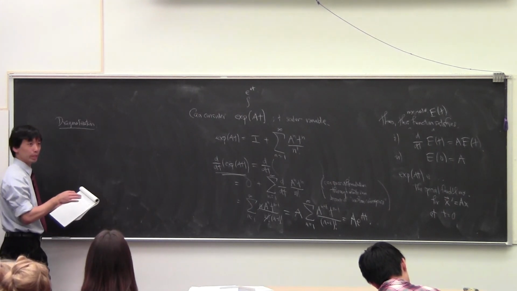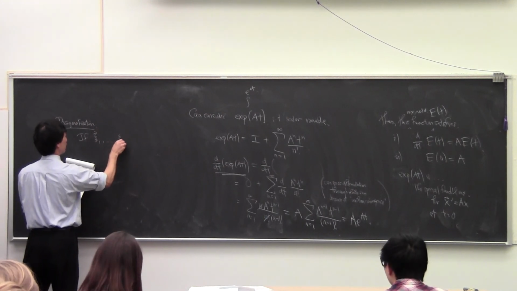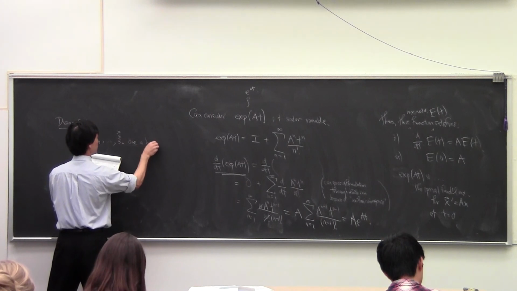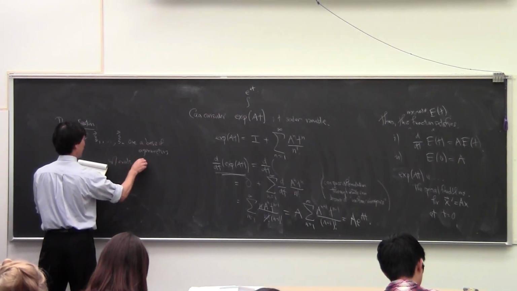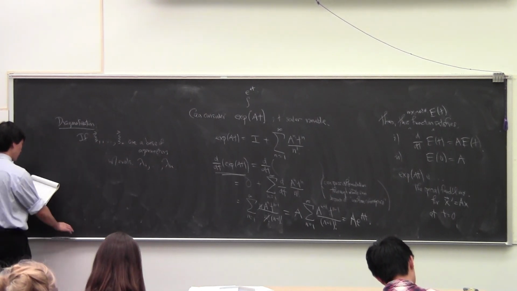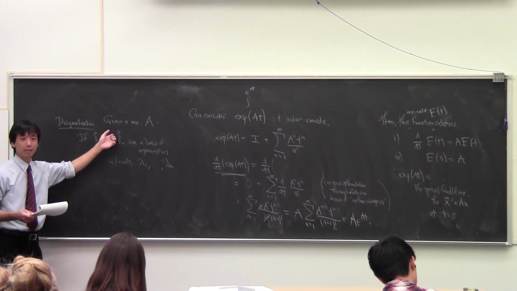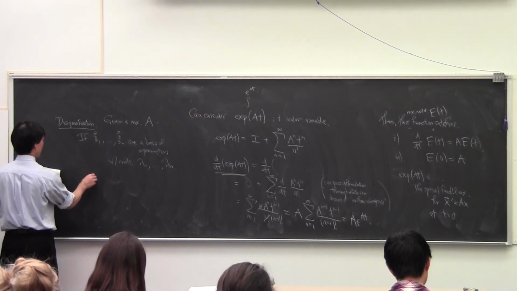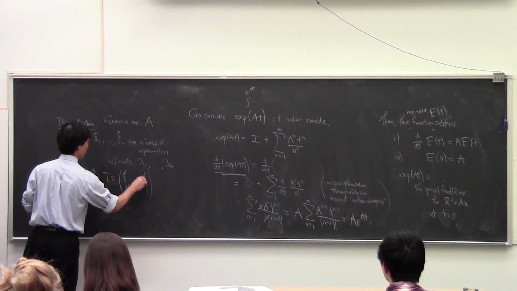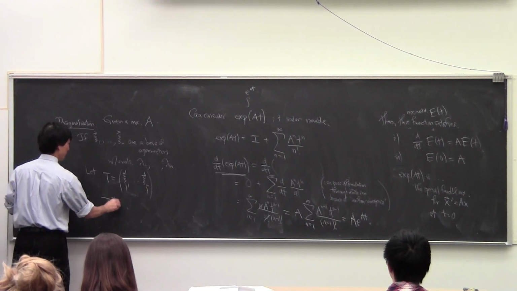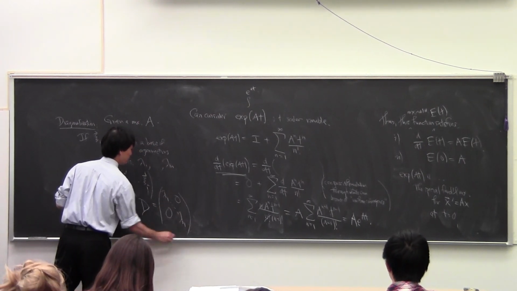Very roughly, here is what you want to remember: if C1 to Cn are a basis of eigenvectors with eigenvalues lambda 1 to lambda n, so given a matrix A, if you have a basis of eigenvectors, and we let T be the matrix of eigenvectors, then T inverse A T is a diagonal matrix, with the eigenvalues down the diagonal.